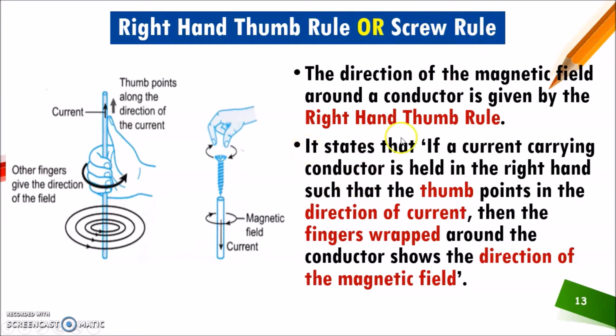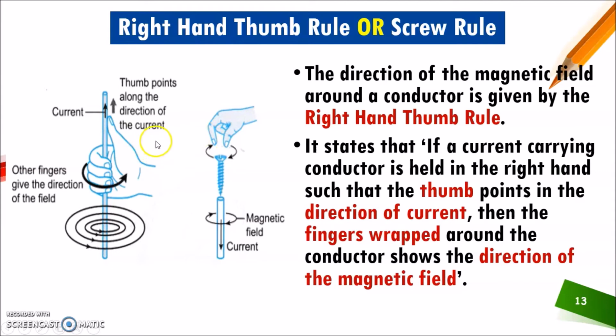It states that if a current carrying conductor is held in the right hand like this, such that the thumb points in the direction of current, it means current is moving towards north, then the fingers wrapped around it show the direction of magnetic field. Is it clear, students? So if the direction of current is towards south, the direction of magnetic field lines will be like this. Is it clear, students?